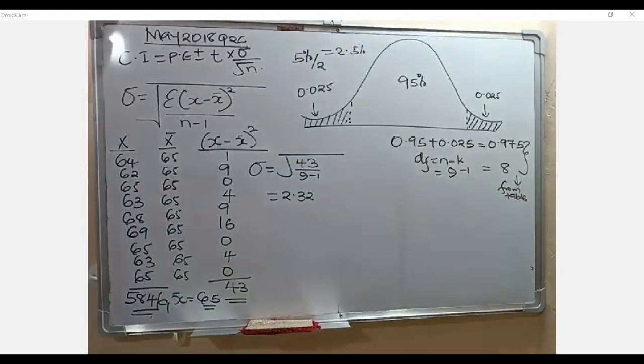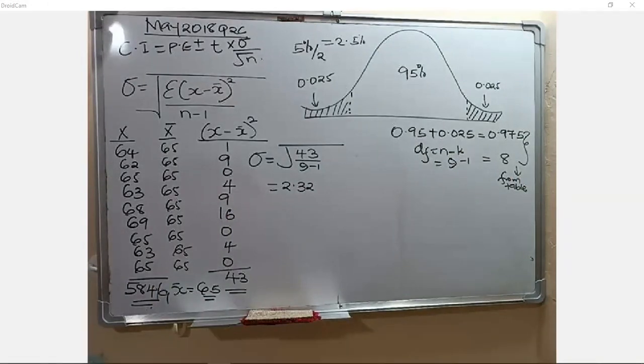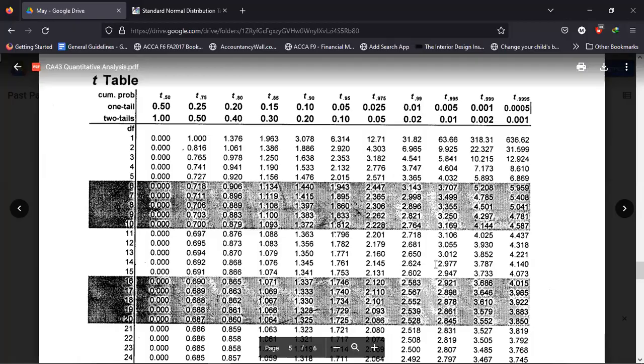Let me check whether the examiner is providing the T table here. Yes, it is there. So let me share it. The T table normally looks like this.